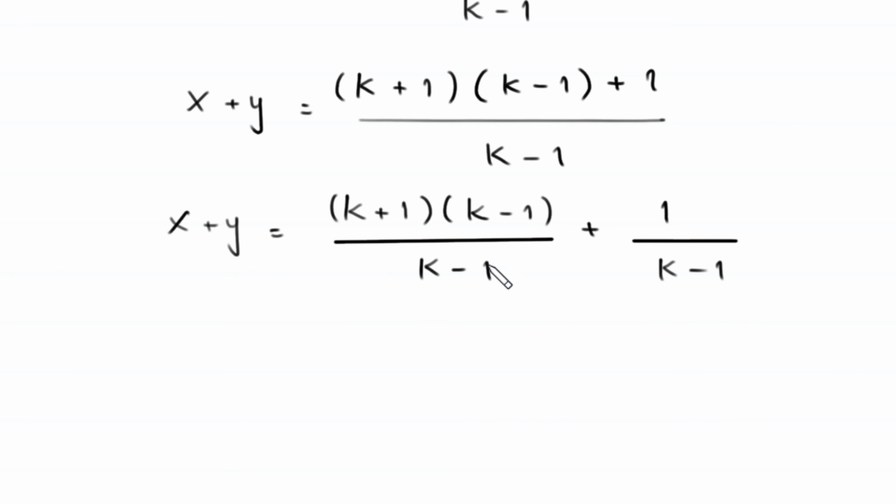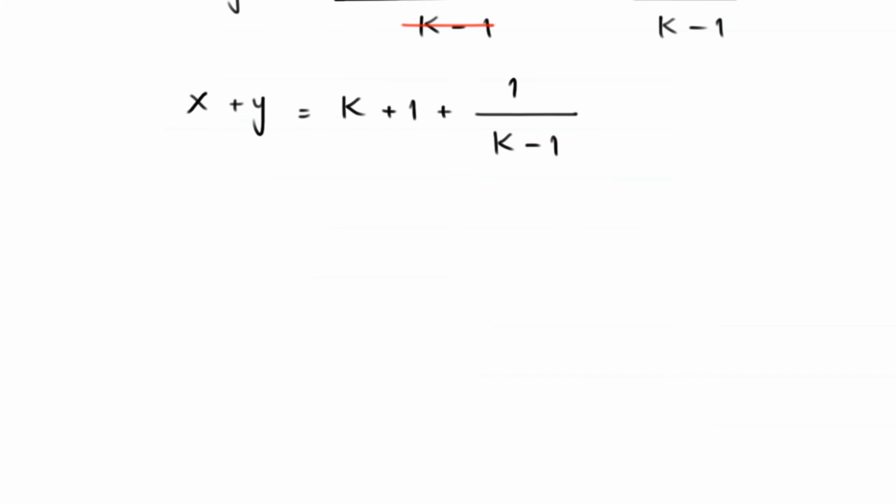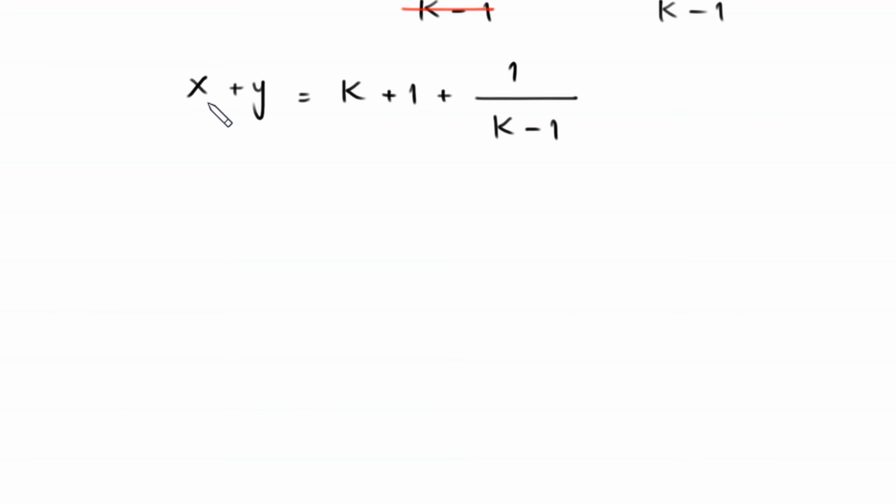Now this k minus 1 will be cancelled with this k minus 1, and we are left with x plus y equal to k plus 1 plus 1 divided by (k minus 1).